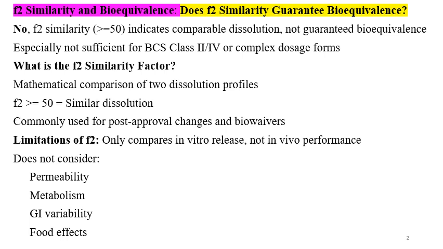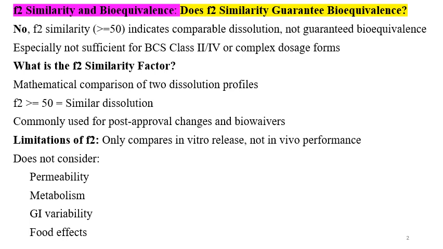So there are various factors, problems, or differences associated with the in vitro release and the in vivo release. Also, the gastric environment is very complex to understand and mimic in vitro.